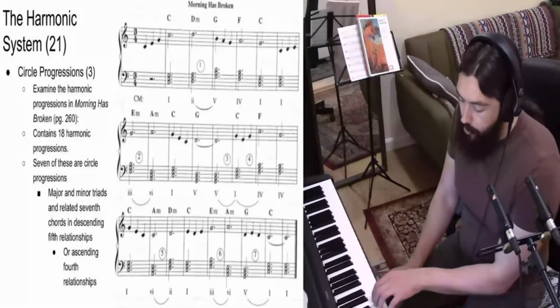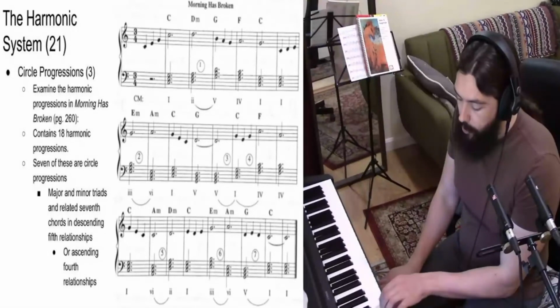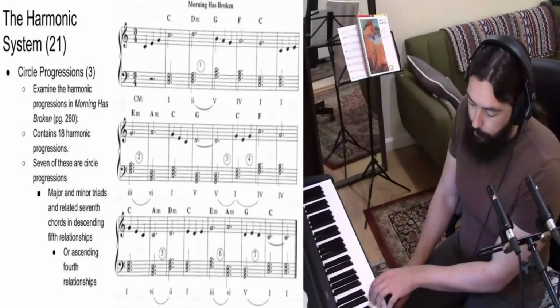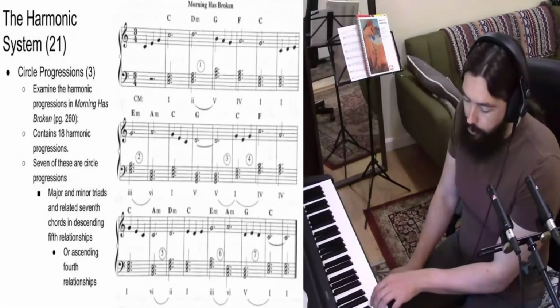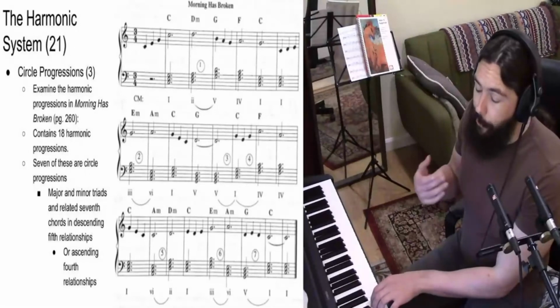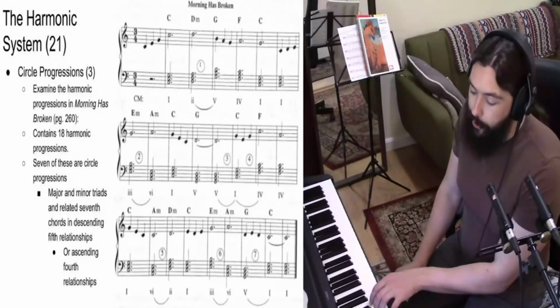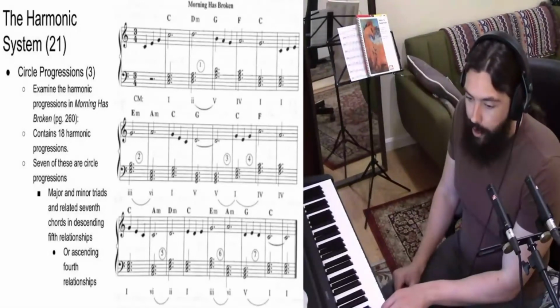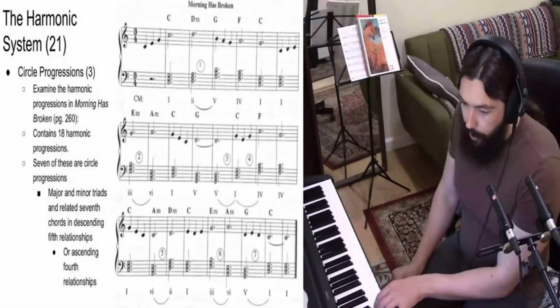D to G, D, E, F, G, 1, 2, 3, 4. Then our next one from G to F is not a circle progression because that's a second. Then our next one is a descending fourth, so that's not going to count either because if it's descending, it's got to be a fifth.